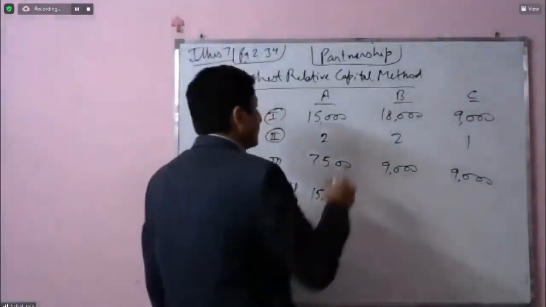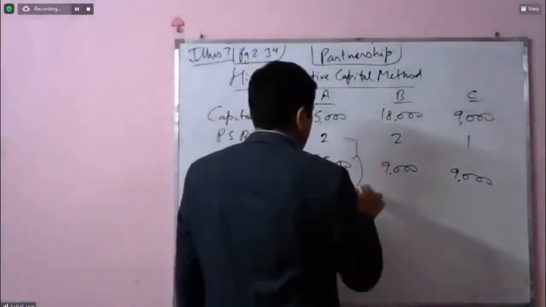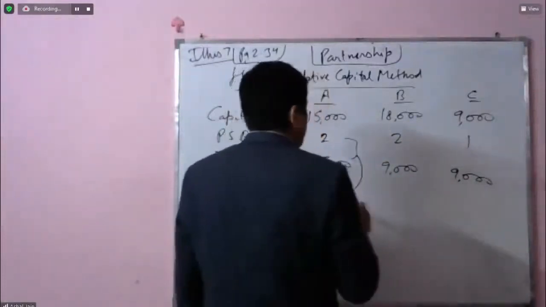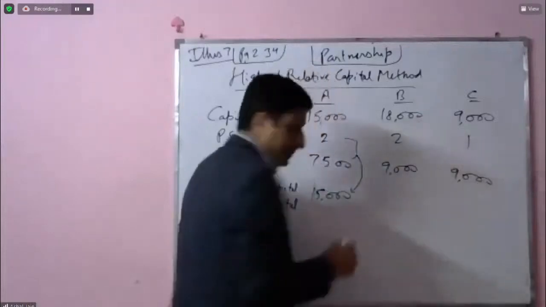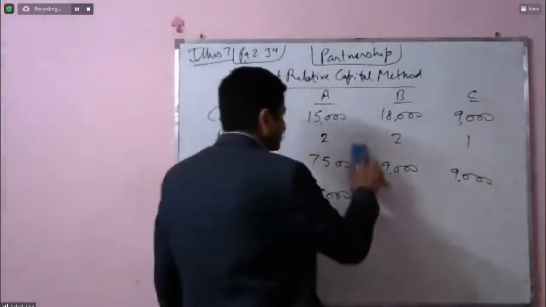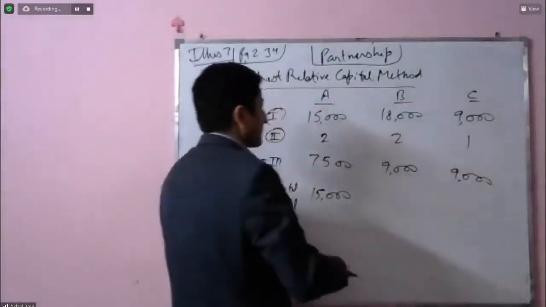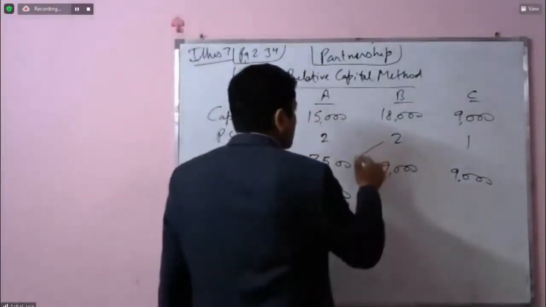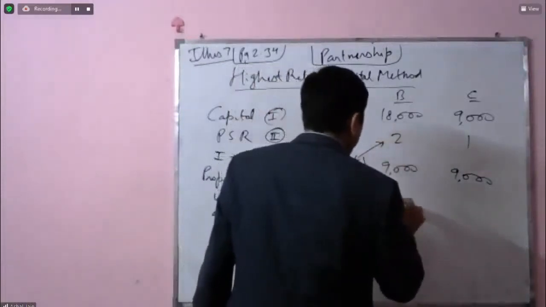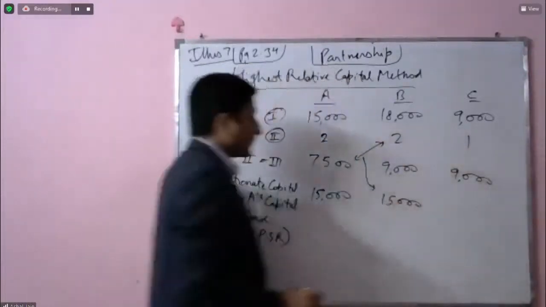Once again, what do we do? This becomes 15,000. Then we will say as a next step, these two will give us 15,000. So what are we doing?